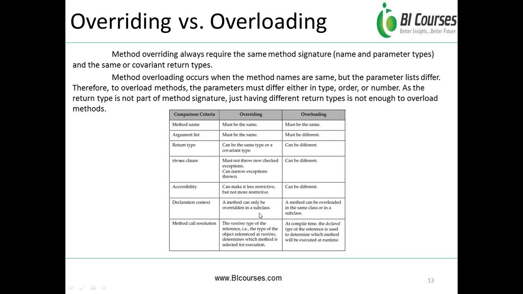Declaration context: a method can only be overridden in a subclass, whereas a method can be overloaded in the same class or in a subclass. Method call resolution: in overriding, the runtime type of the object referenced determines which method is selected for execution. Whatever object we create, based on that object, that particular method will be executed. Whereas in overloading, the declared type of the reference is used at compile time to determine which method will execute.